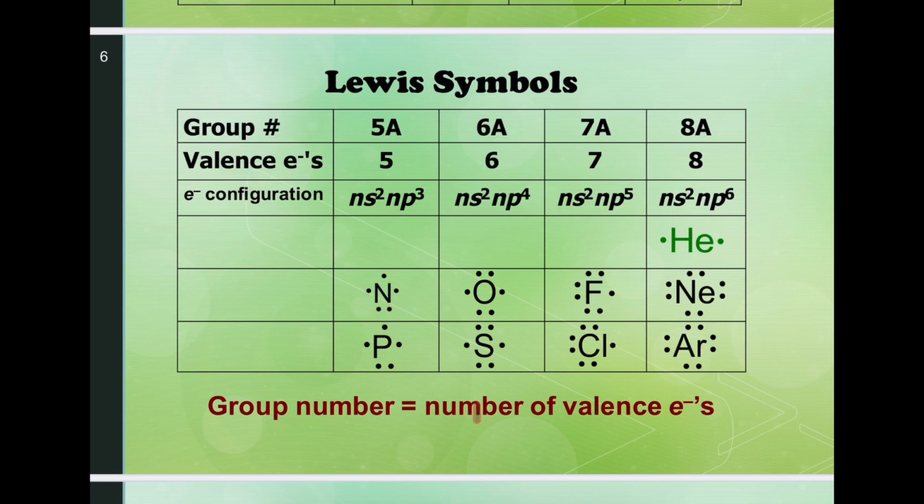This is the electron configuration, and the valence electrons follow the group number. Look at nitrogen here, it has 5 valence electrons. So the group number is equal to the number of valence electrons.